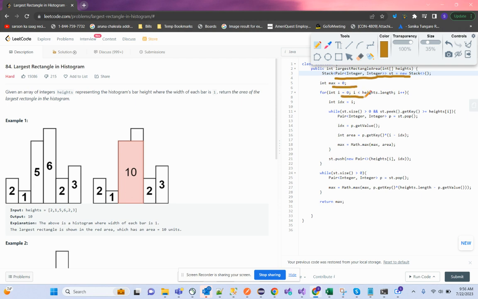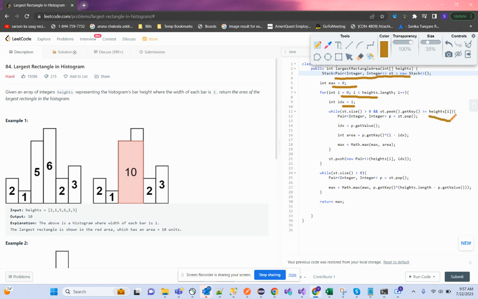I am iterating over the heights array, and the index which I am giving is the starting index. Then I check with a while condition that my stack size is not empty, that means it should be greater than 0.